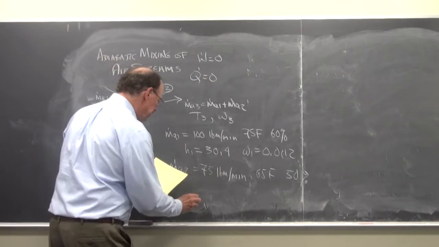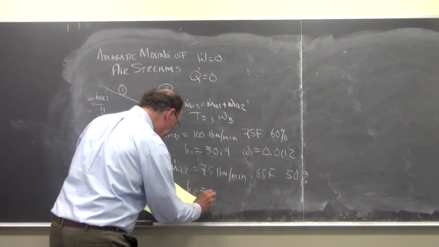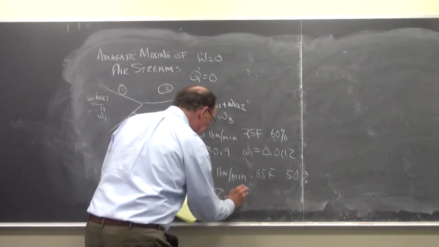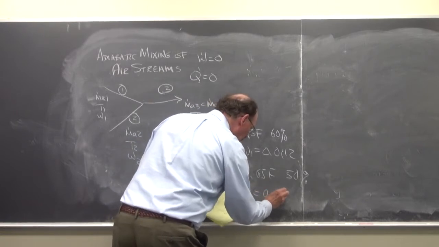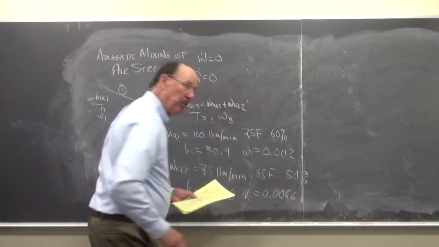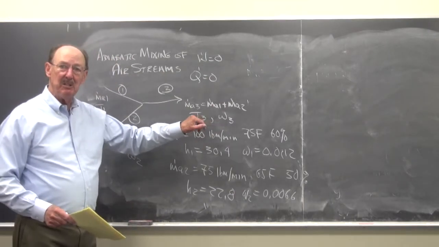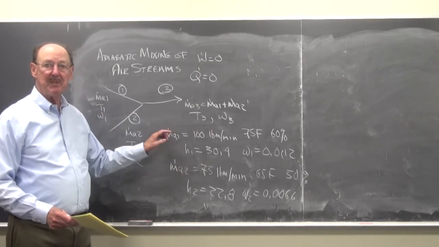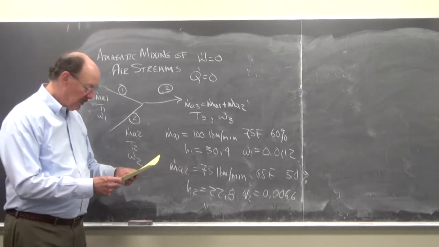And we have that H2 is equal to 22.8, and omega 2 is 0.0066. So we look those up, and most often you wouldn't be given pounds mass per minute, you'd be given the CFM, and then we divide by the specific volume. But I wanted to speed that process up, so we look at that.